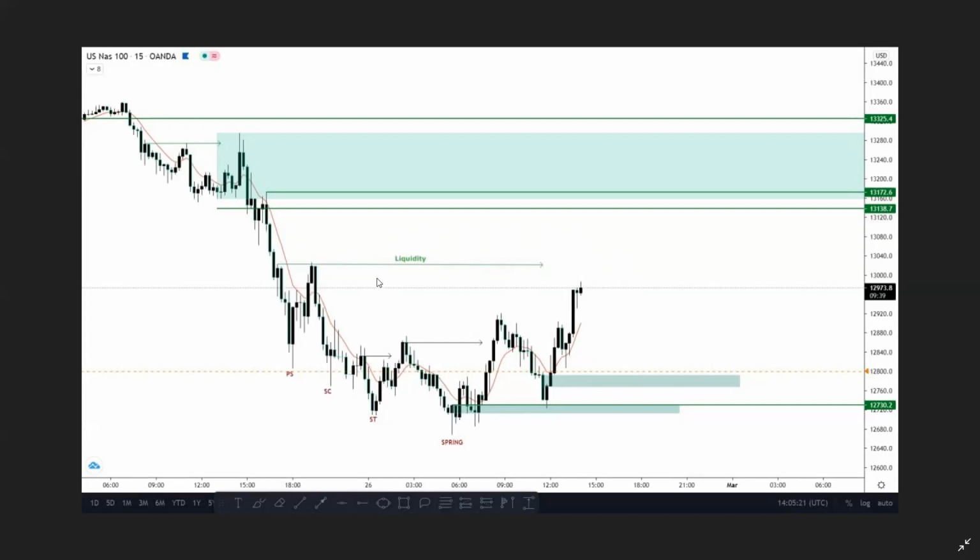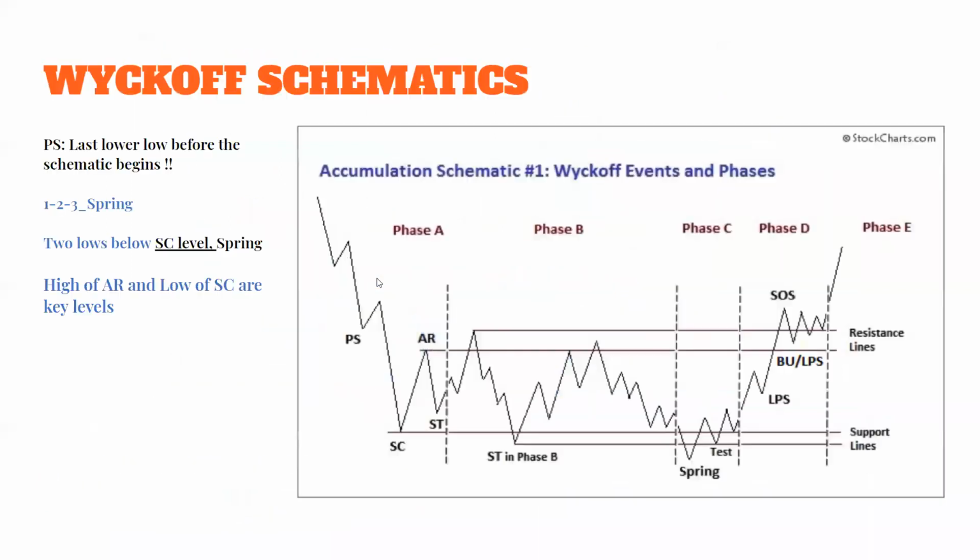So I didn't mention the AR and all these other highs. I will focus on the lows, because in accumulations it is the lows that are the main focus. For me anyway, that's what I've trained my eyes to see and been more profitable with.